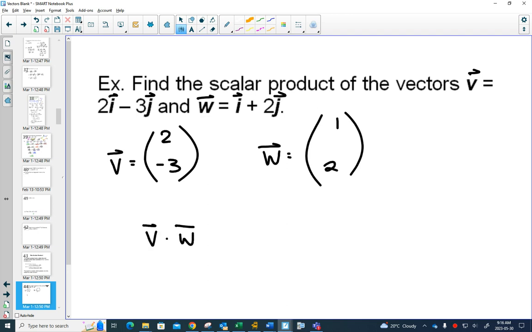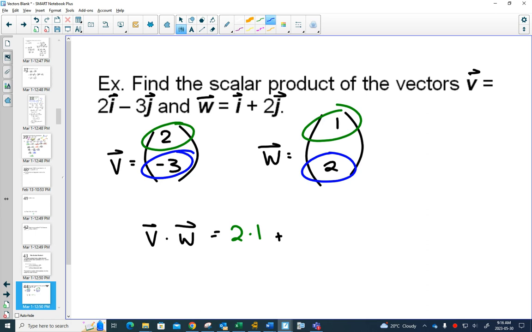And if I did the dot product or scalar product of V and W, all I'm going to do is take the corresponding elements, so that'll be 2 times 1, plus, these ones are corresponding, -3 times 2, and I will get my dot product to be -4.